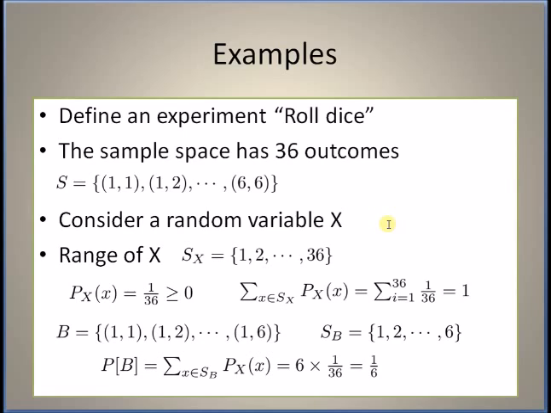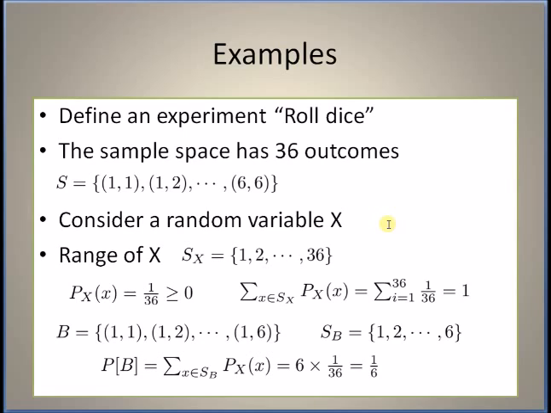So the range has the values 1 to 36, or the natural numbers 1 to 36. We can clearly see that the probability mass function is always going to be equal to 1 by 36 for an unbiased die. So it's a uniform probability mass function, and it is always greater than 0. So this is the first property.